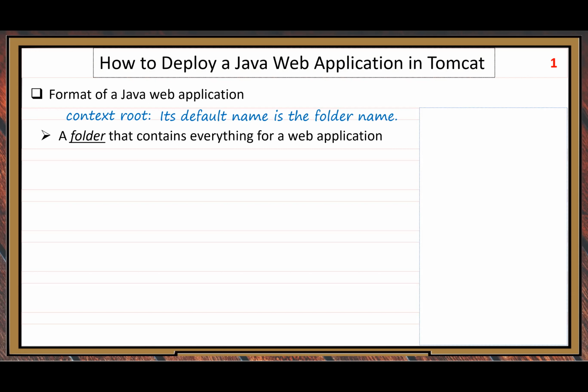Because when we access this web application, we need to type this context root name. What is the default name? The default name is just the folder name. But later you have a chance to change it. If you feel this is not a good name, then you have a chance to change it.